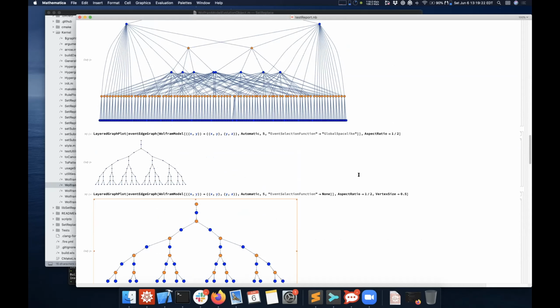What is global? Okay, for Wolfram model, sure. But for Wolfram model evolution object is not going to work because it has no idea whether it's a multi-way system or not. I see. All right. So for now, just deal with the event selection function. I think it would be confusing. I suspect when this stuff gets included in multi-way system, then we'll have to think about this. Okay, fine. So just event selection function to none for now.